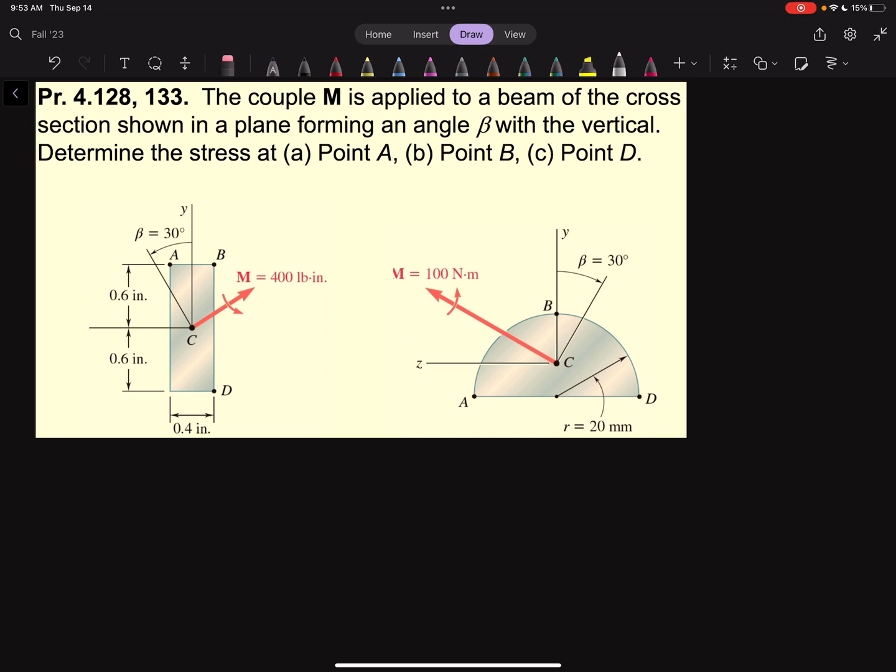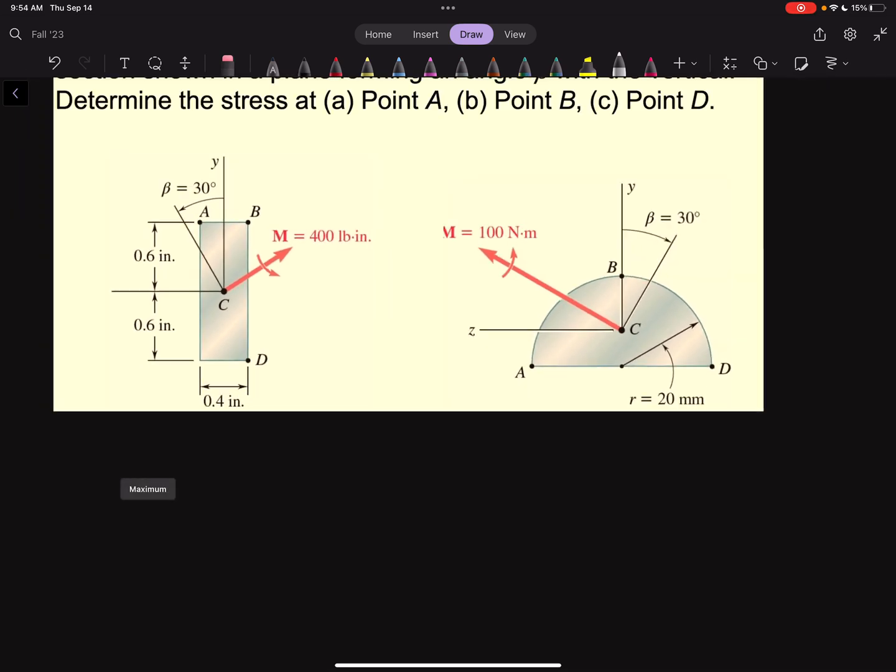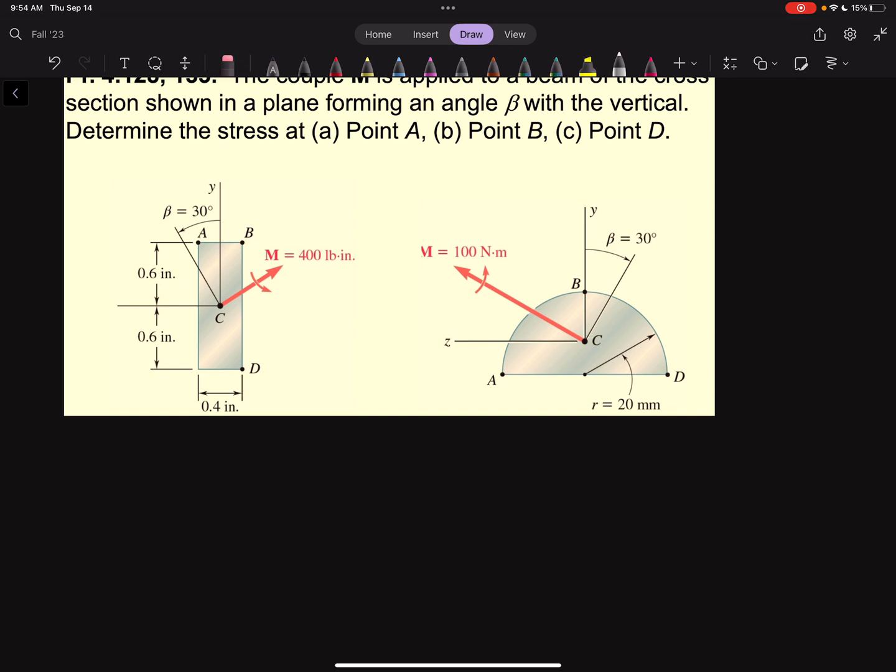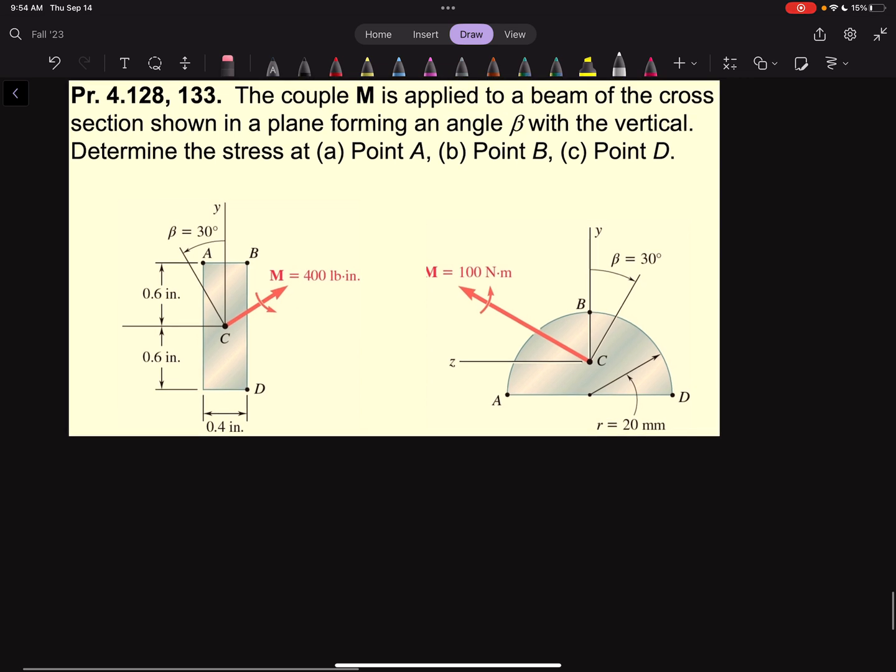So the first thing you want to do when you have this type of unsymmetric bending, because the moment vector is not aligned with one of the principal axes of this cross-sectional area for this beam, is one, find the principal axes.